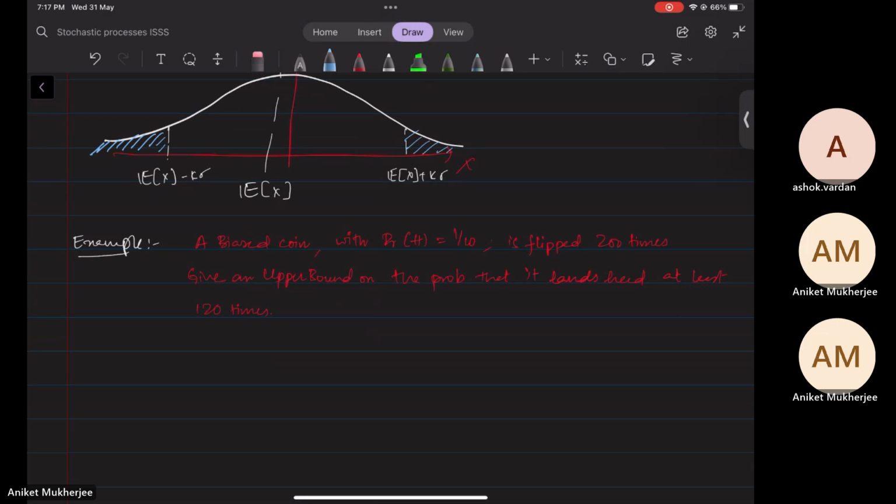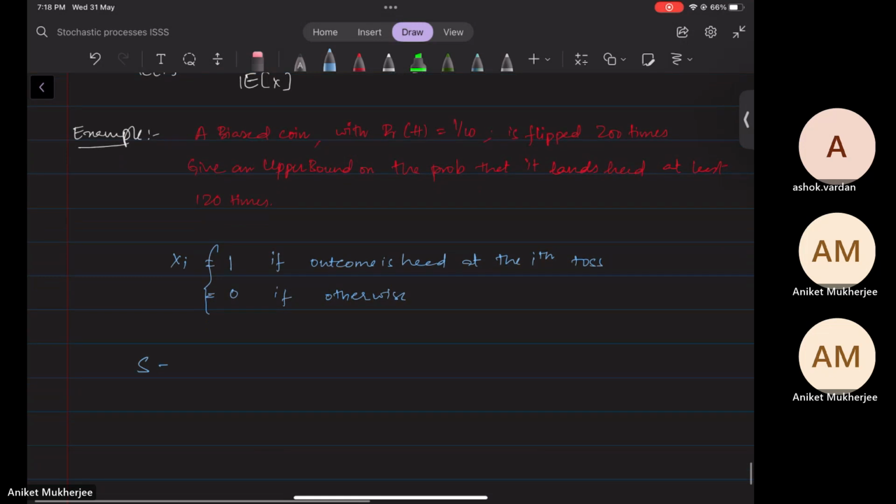So here we'll first define a random variable Xi. Let Xi be the random variable which is equal to 1 if the outcome is head at the ith toss, and equal to 0 otherwise.